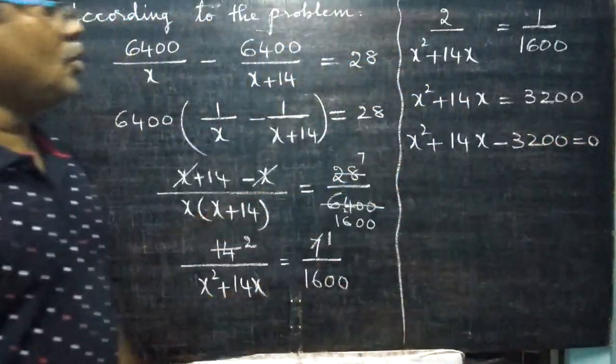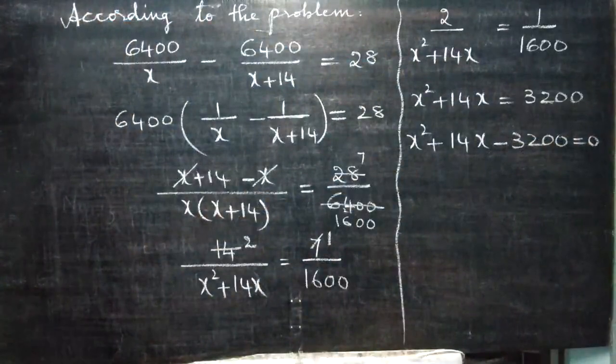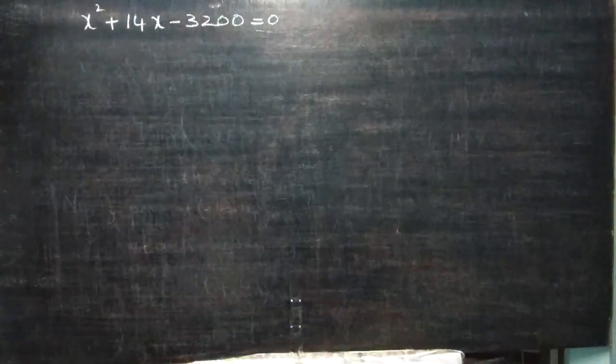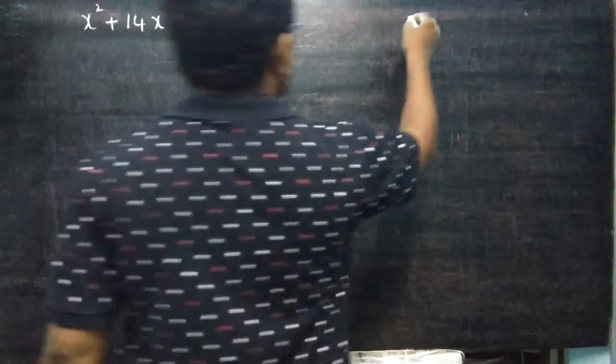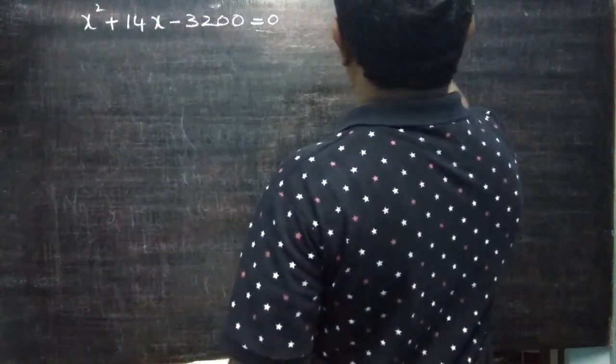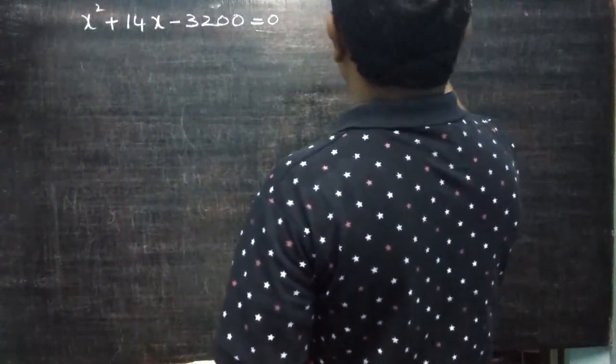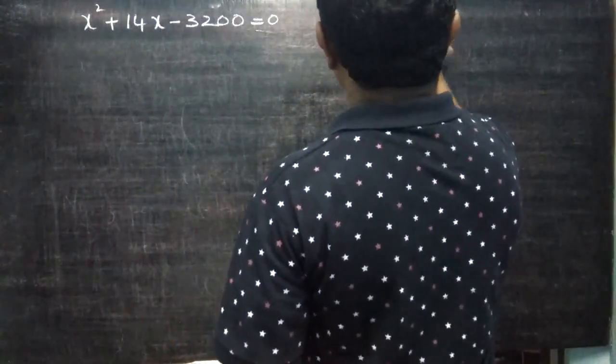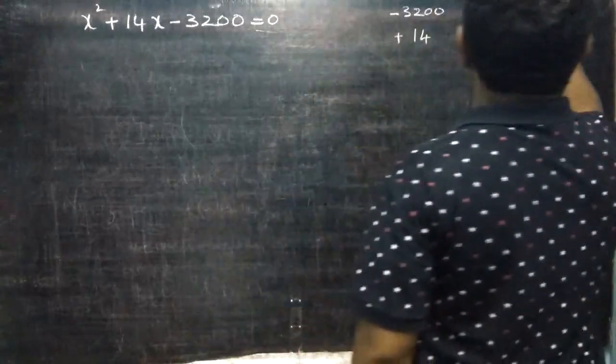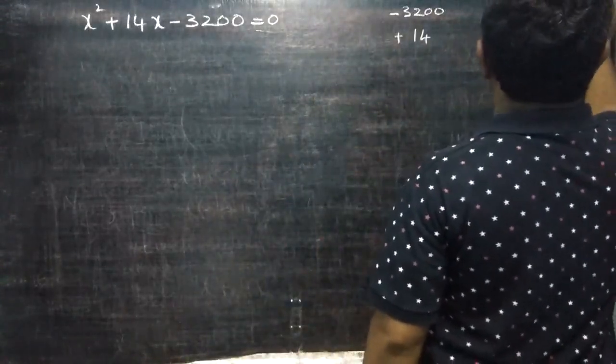Now we got the quadratic equation shape. Now find factors. When we simplify, minus 3200 should come, and plus 14 should come. In such a way you have to take factors.